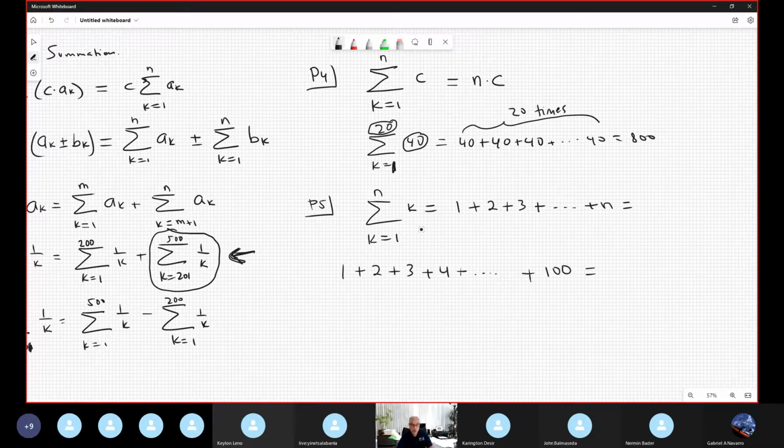And the students did it this way: 1 plus 2 is 3, 3 plus 3 is 6, 6 plus 4 is 10, consuming time. However, Euler did it in 5 seconds, using this idea. Look, he expanded in both directions.